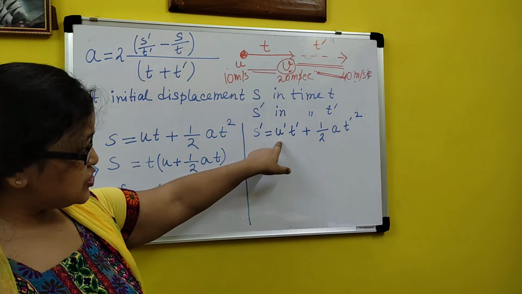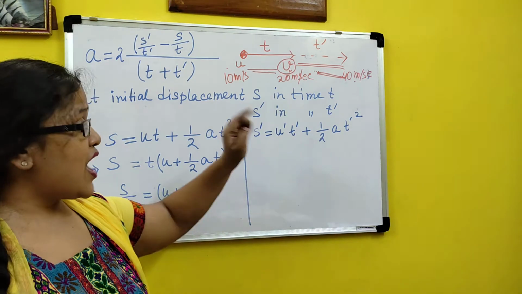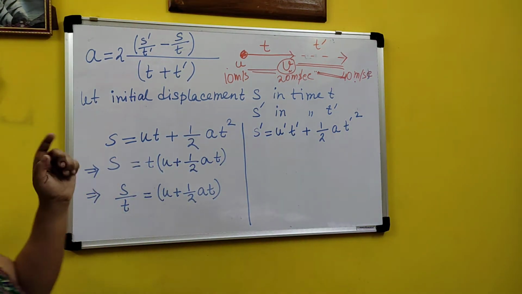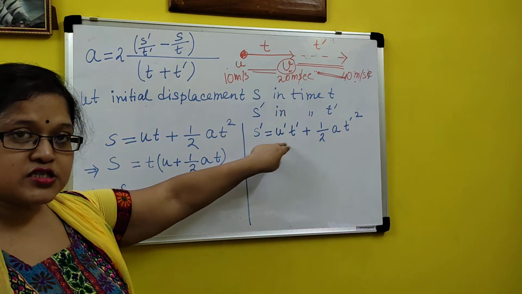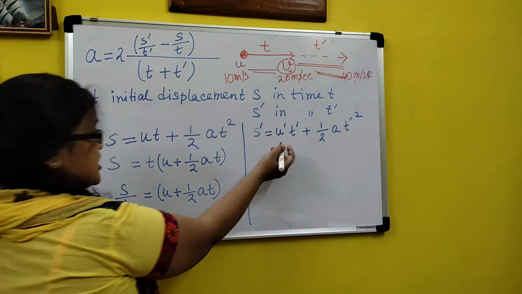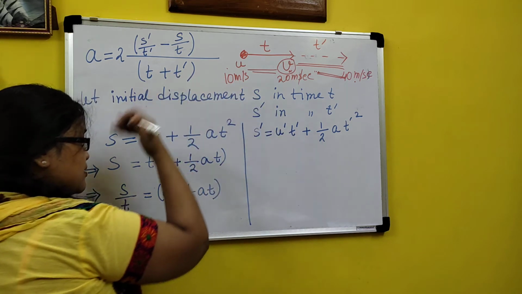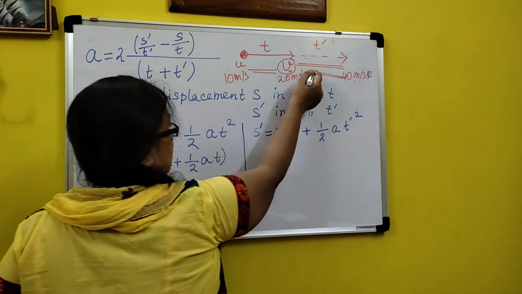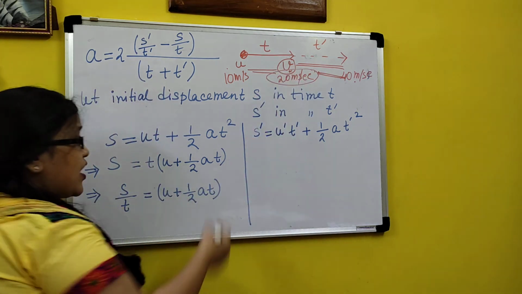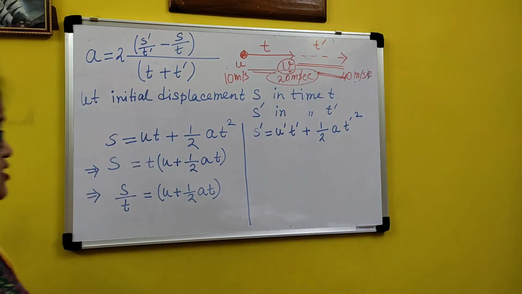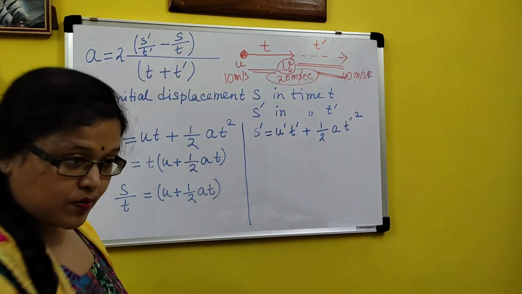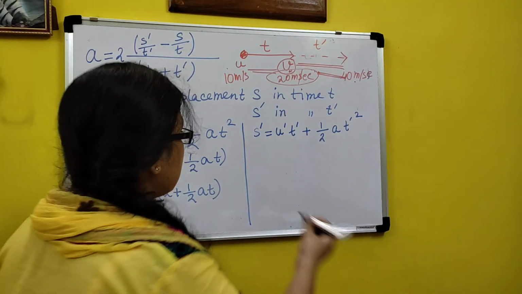This is the initial velocity of the second motion, and it is the final velocity of the first. So what was the final for the first motion is the initial for the second. Clear? I am talking about this.